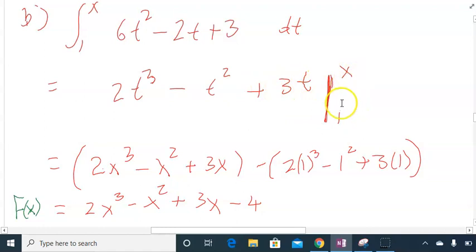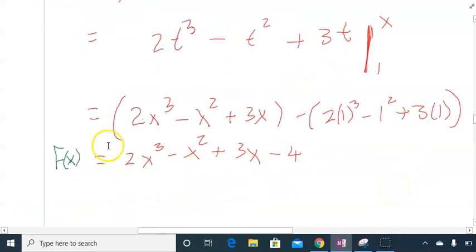So imagine that there's a minus sign between these two things, or uppercase F of b minus uppercase F of a. This will be equal to 2x cubed, because you plugged in x for t, minus x squared plus 3x, minus 2 times 1 cubed minus 1 squared plus 3 times 1.